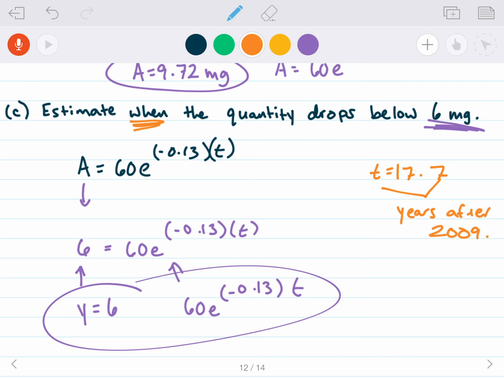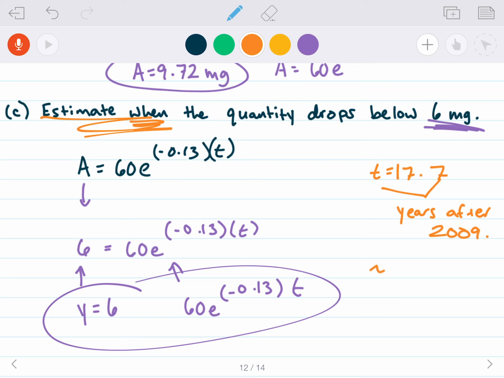So just imagine yourself answering this question: estimate when the quantity drops below 6 milligrams. You wouldn't tell someone 17.7 years. What does that mean? When? Compared to what, right? So how many years after 2009 is this? Well, what's 17 and 9 going to be? That's going to be 26.7, right?